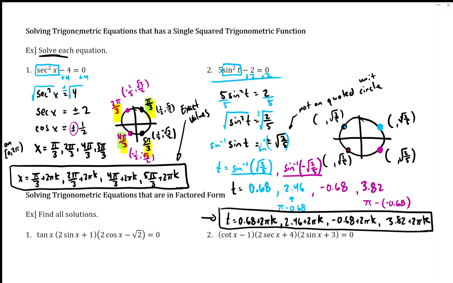For these, they would say round to the nearest place value. These are approximations. They don't make us use a calculator too often, but it's good to know how to use it for when we do need it. So that's if there is a single squared trig function. That's how we break these ones down.